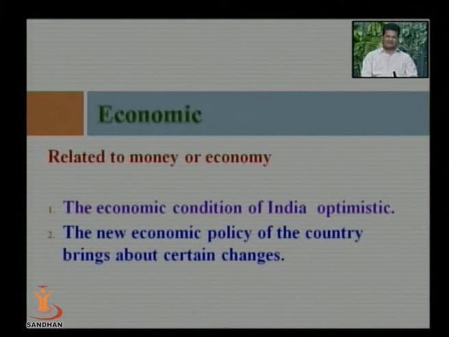The second example is: the new economic policy of the country brings about certain changes. There are certain good changes or positive changes because of the new economic policy. Now, economic policy means the policy related with money or economy, which has changed the nation's path towards progress.